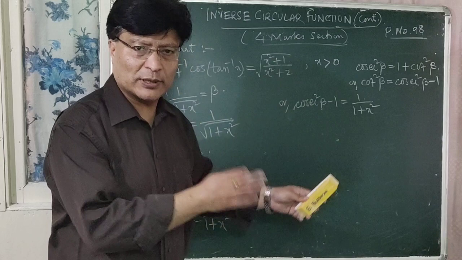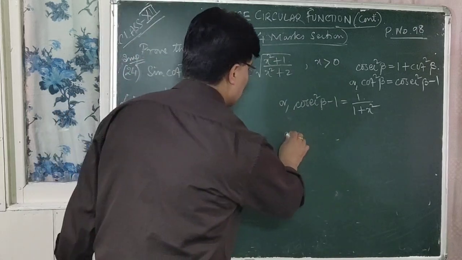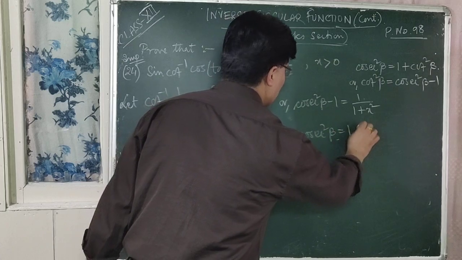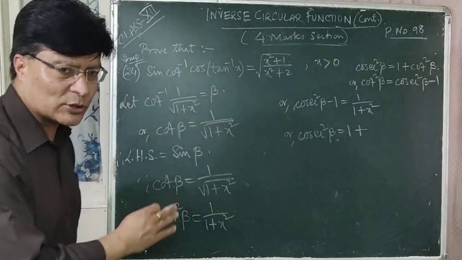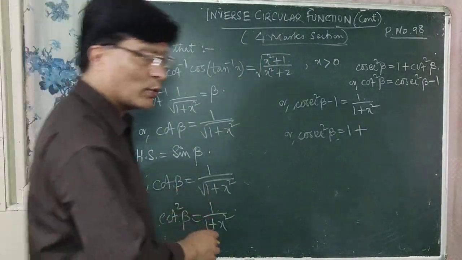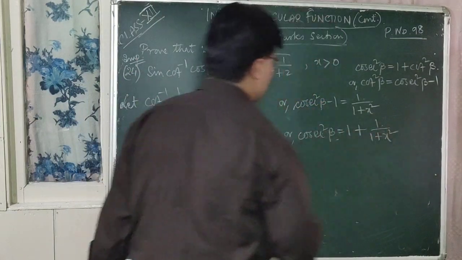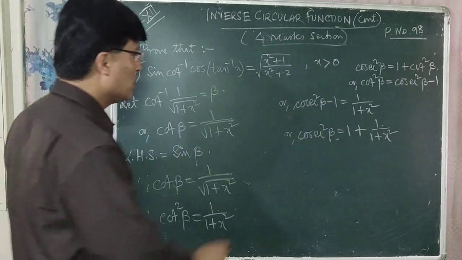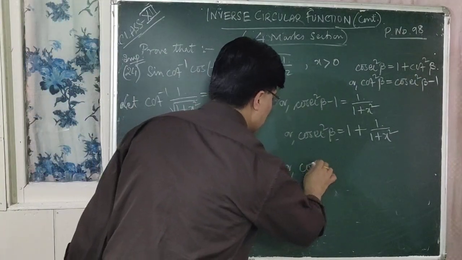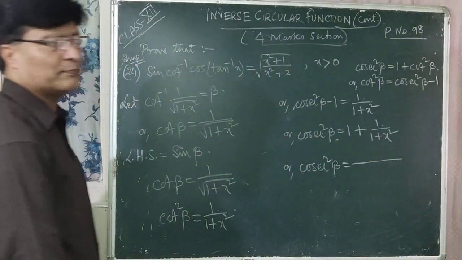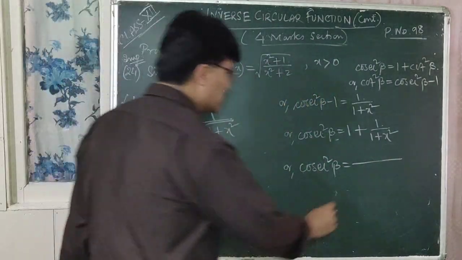So now what we will do? Minus 1 is taken to the right hand side. So cosec square beta is equal to 1 plus 1 upon 1 plus x square. Is that clear to all of you? So this is cosec square beta is equal to, what's the LCM? You can take the LCM here. What's the LCM?